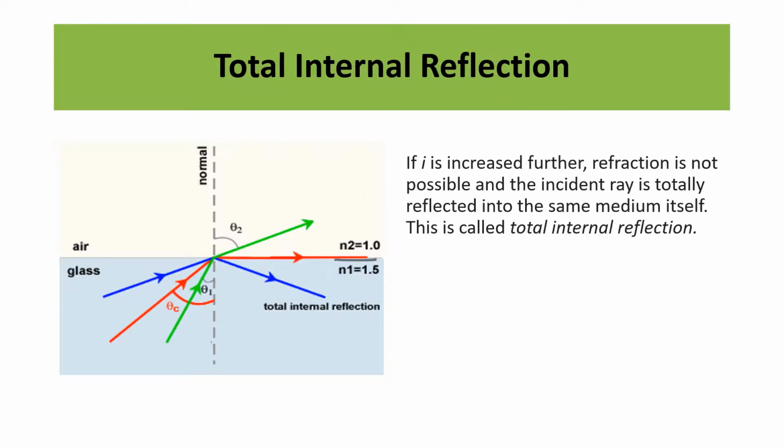That is, if the angle of incidence i is increased further, refraction is not possible and the incident ray is totally reflected into the same medium. This is called total internal reflection.